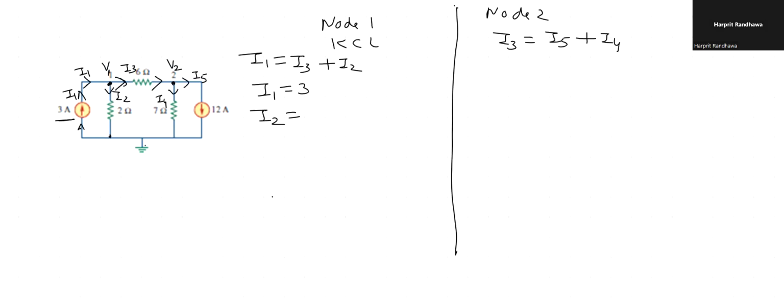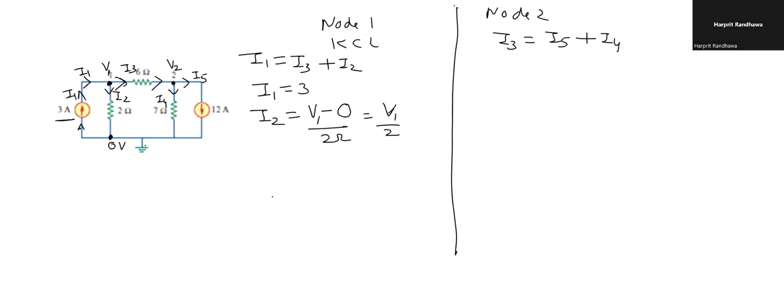The voltage drop will be the voltage at this end of the resistor and the voltage at the other end. You need to see the voltages across the two ends of the resistor. So we say V1, the voltage at this end, minus the voltage at the other end, divided by the resistance, that is 2 ohms. So this gives me V1 divided by 2 as I2.